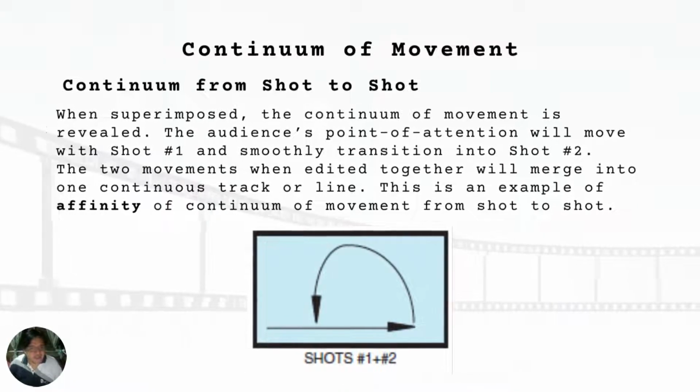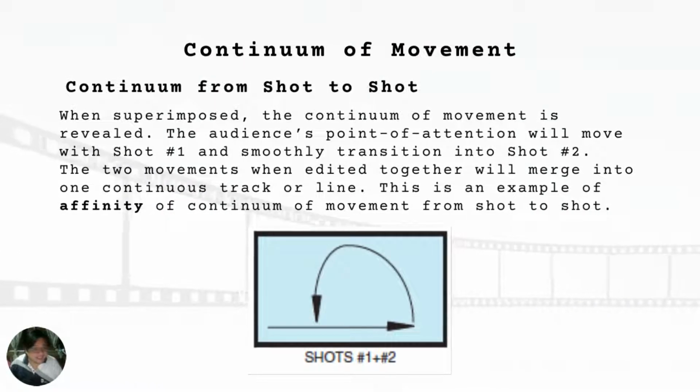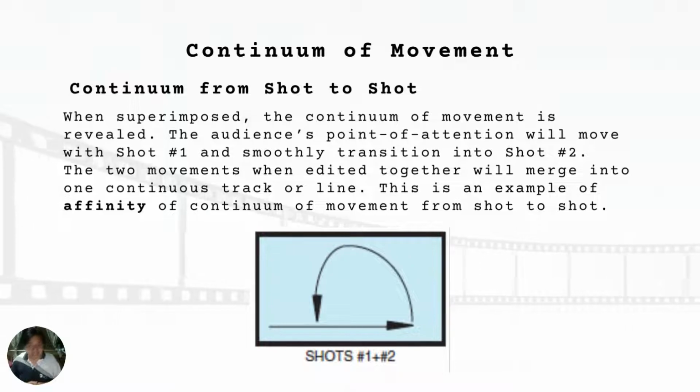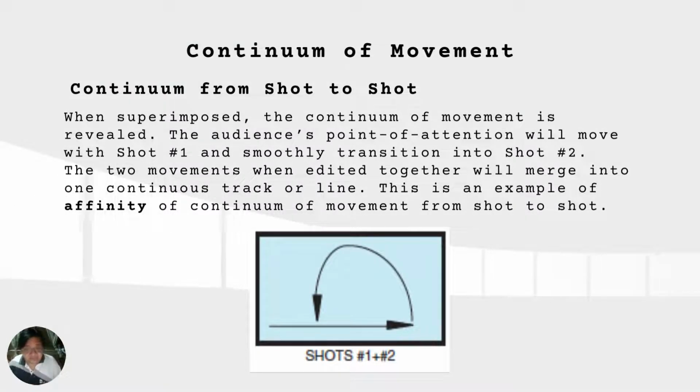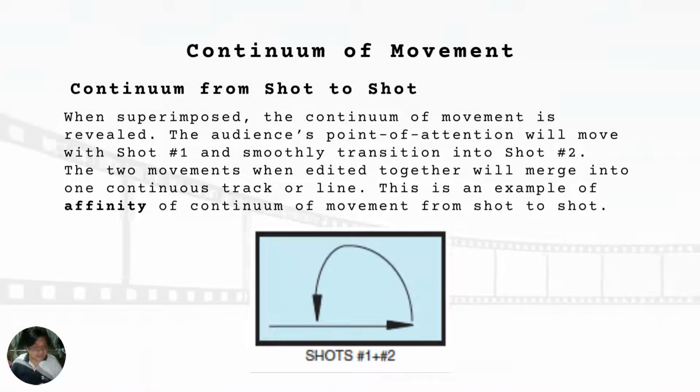Again, when you superimpose them together, the continuum of movement is revealed. The audience's point of attention will move with shot 1 and smoothly transition to shot 2. The two movements, when edited together, will merge into one continuous track or line. This is an example of the affinity of continuum of movements from shot to shot.